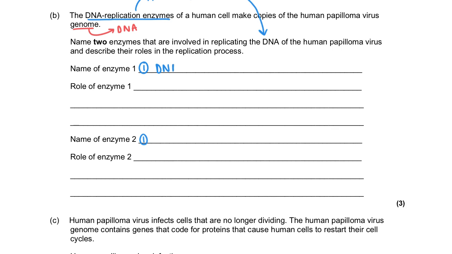We're talking about DNA helicase and DNA polymerase. The second mark is for giving the role of the enzyme DNA helicase. And so for that role, you needed to say that helicase is there to break hydrogen bonds.